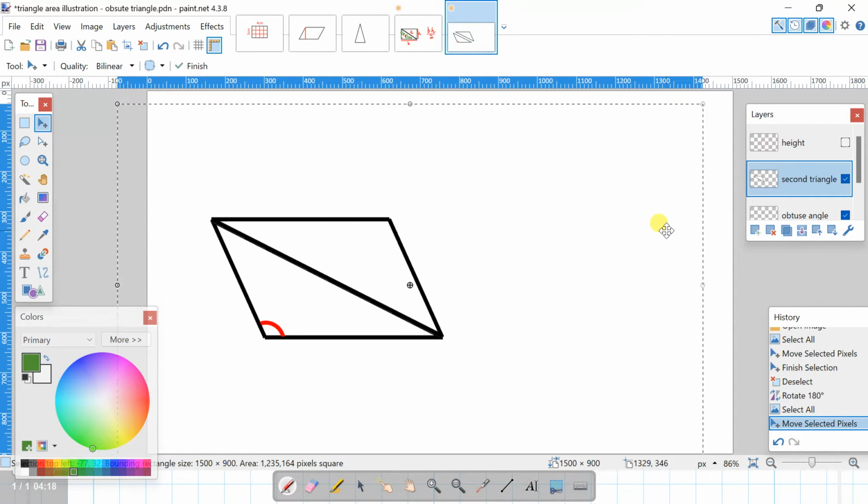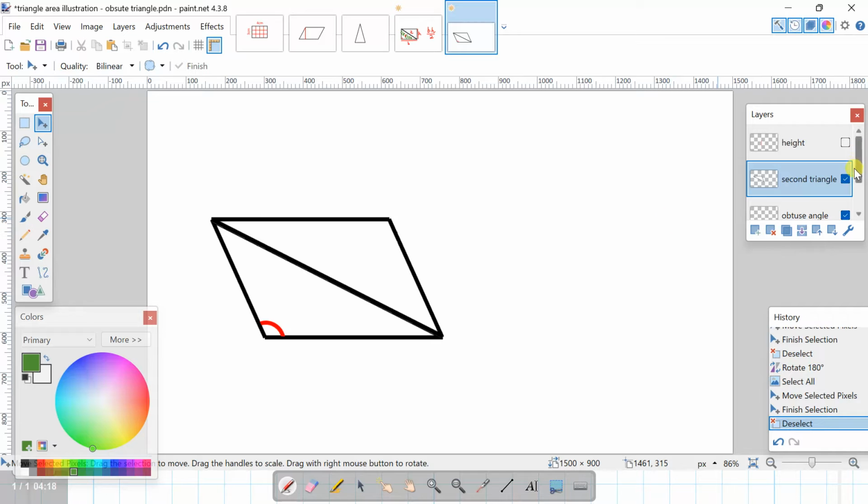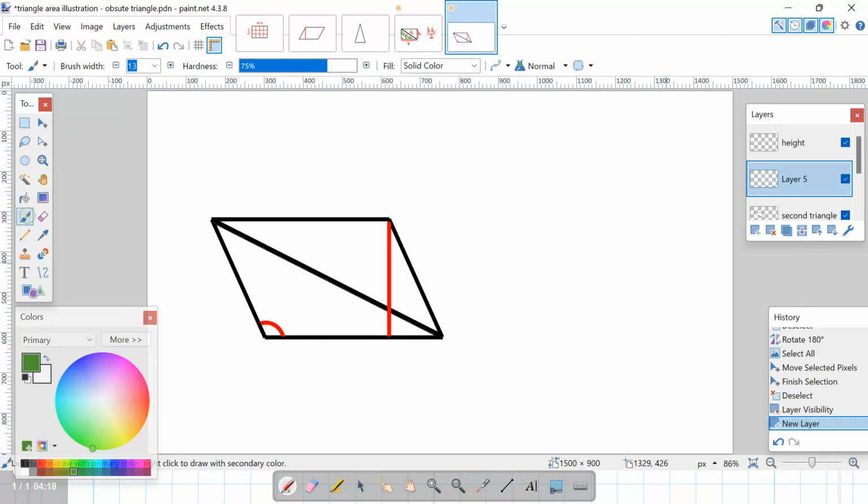Okay, and to calculate the area of the parallelogram, we know that we need to multiply the base times the height, okay, which is the same formula to calculate a rectangle.